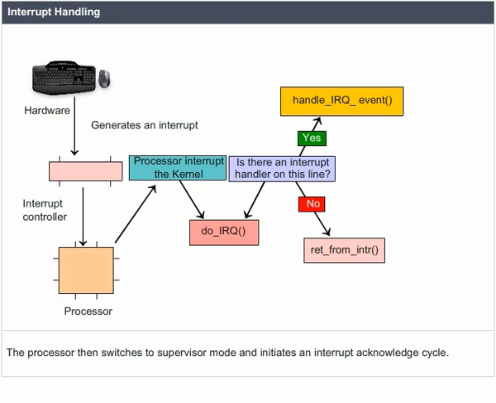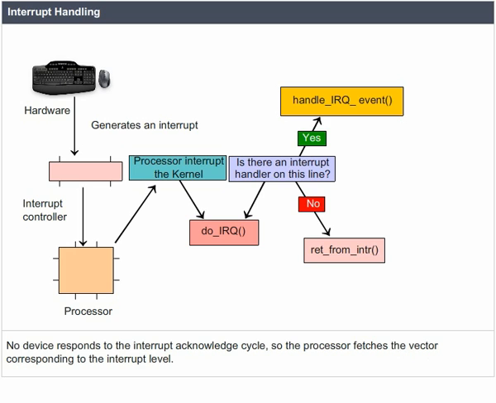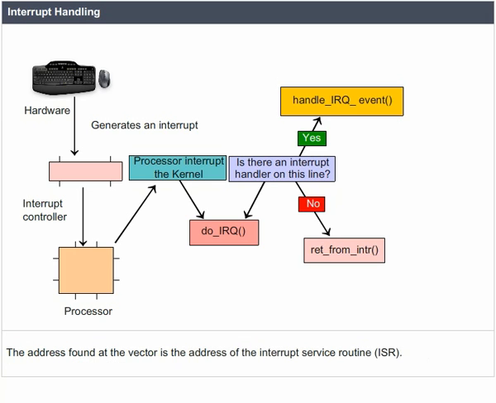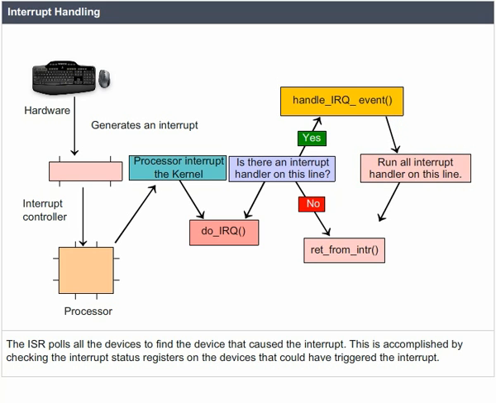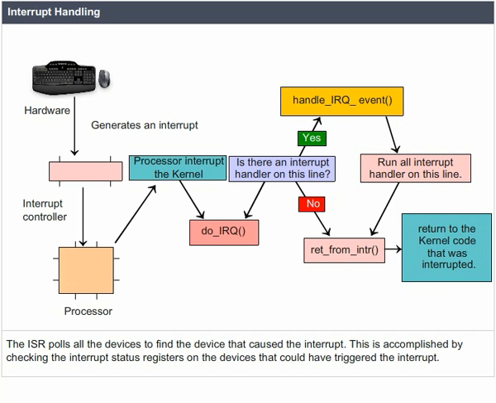No device responds to the interrupt acknowledge cycle, so the processor fetches the vector corresponding to the interrupt level. The address found at the vector is the address of the interrupt service routine. The ISR polls all the devices to find the device that caused the interrupt. This is accomplished by checking the interrupt status registers on the devices that could have triggered the interrupt.